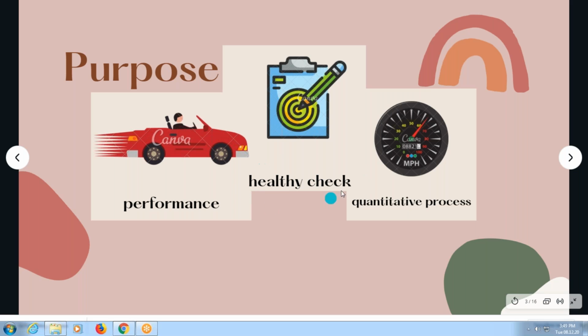So we will do a health check on the business, and then complete our information about the business in a quantitative process. If we have the qualitative, we will also have to know about the quantitative process.